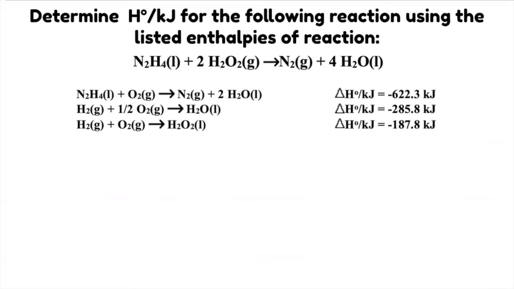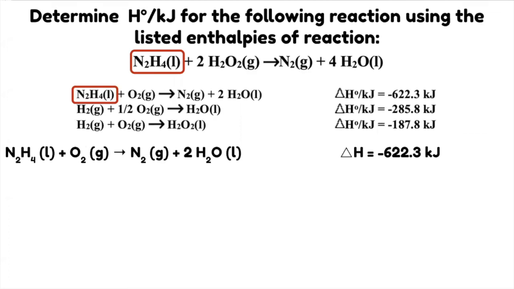In equation A, I can get N2H4. It's 1 mole, 1 mole, so I don't have to do anything but copy the equation. For equation B, H2 plus 1 half O2 yielding H2O, I can't really get anything from here aside from H2O, right? So I'll skip it first. I want to go to the third equation.